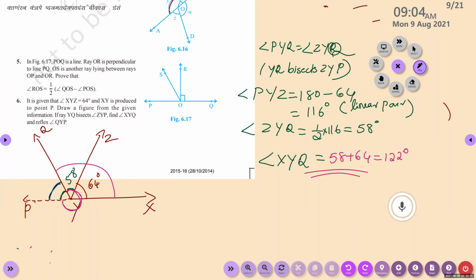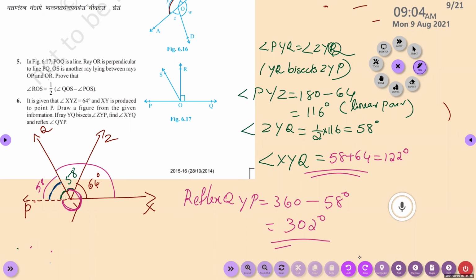How much is it? 360 minus 58 degrees, because this is 58. 360 minus 58 equals 302. Correct.